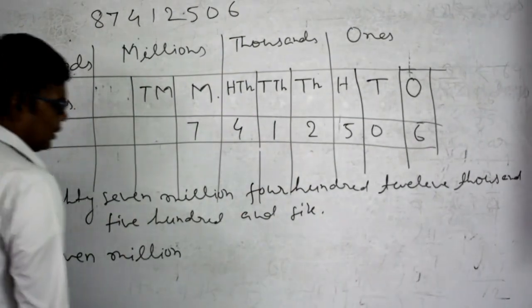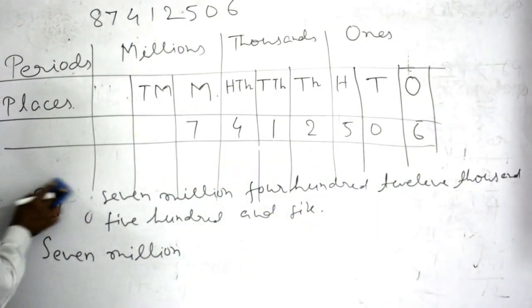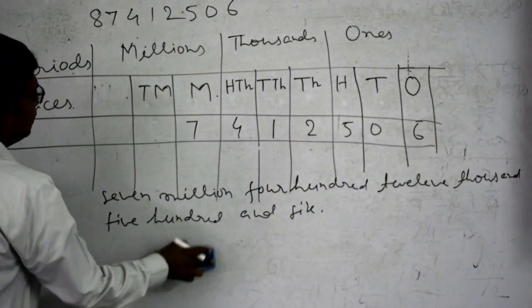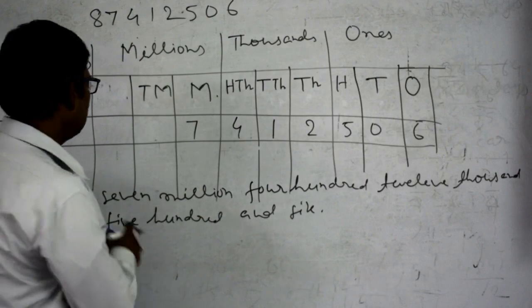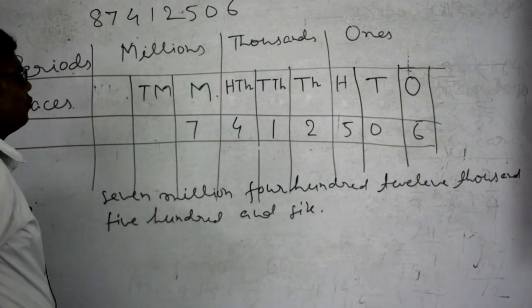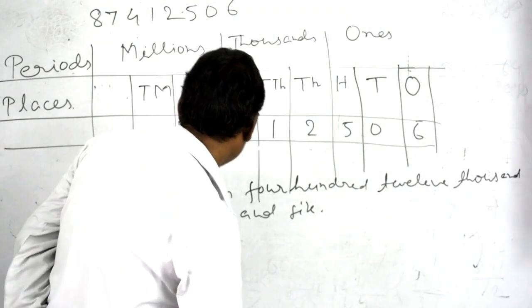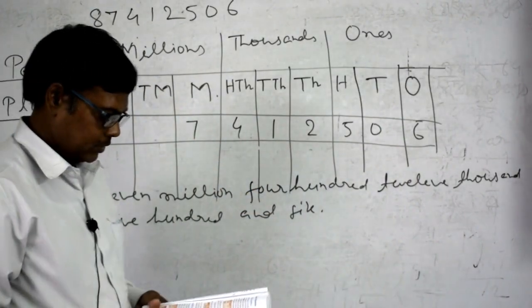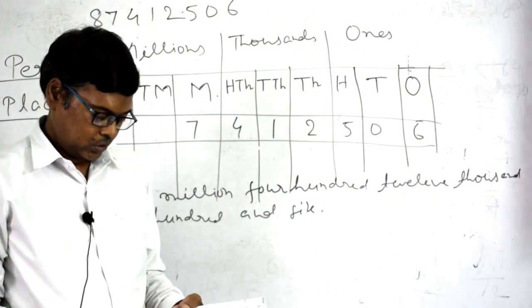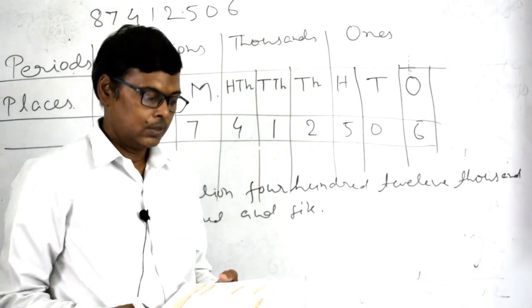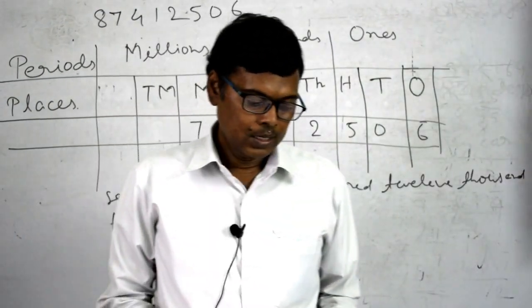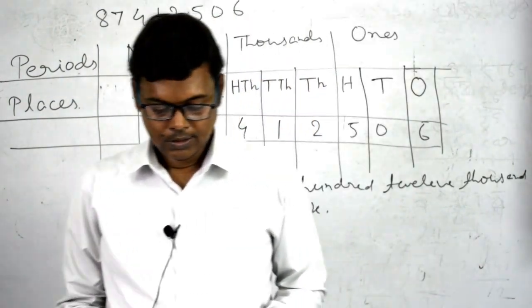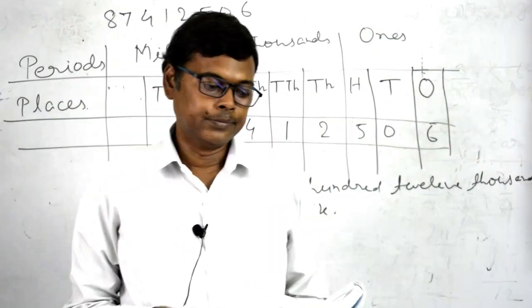In that case the number, when it is of only 7 digits, will be 7,412,506. So this is how you will read these numbers. I hope you understood the Indian system of numeration and the international system of numeration.